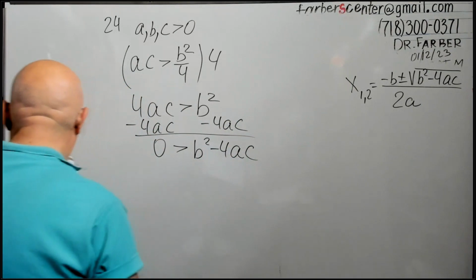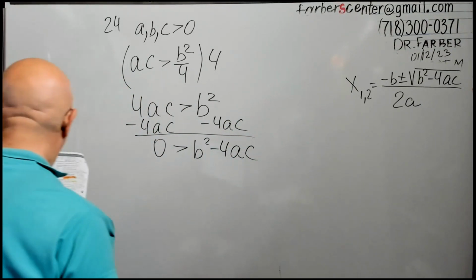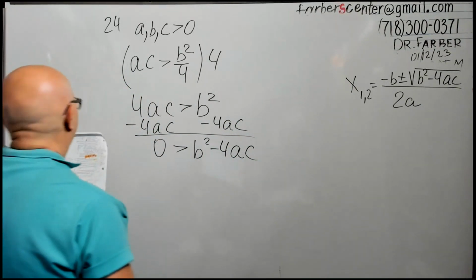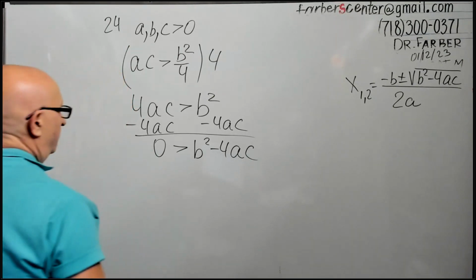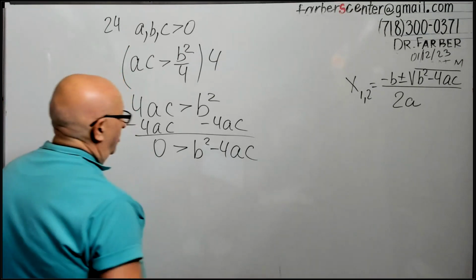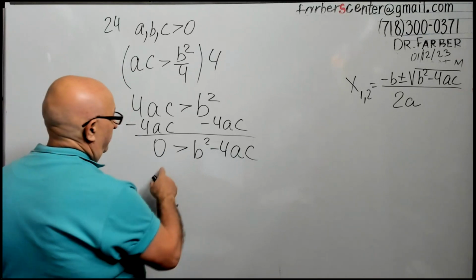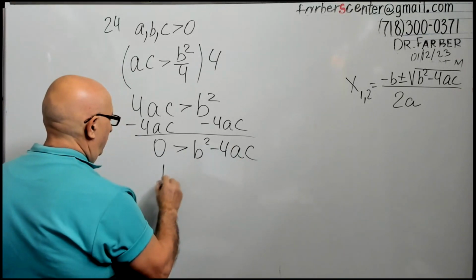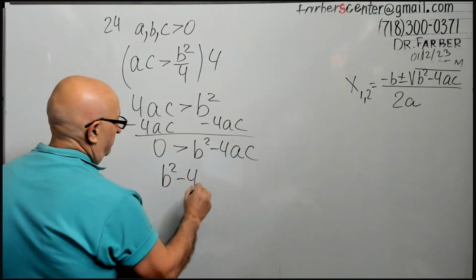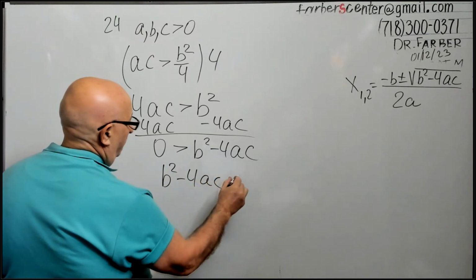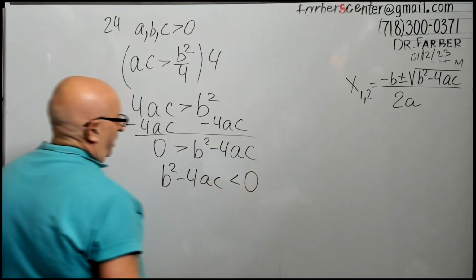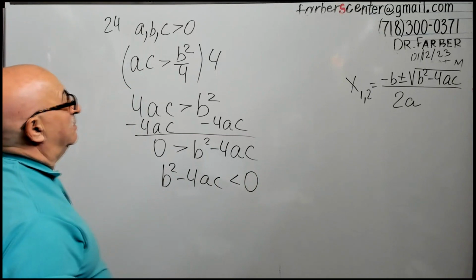Which format do they give you this in? And this, what is it? 24. Okay. So use the reflexive property of inequality. If 0 is greater, you can write that the discriminant is less. If the discriminant is less, what does it mean?